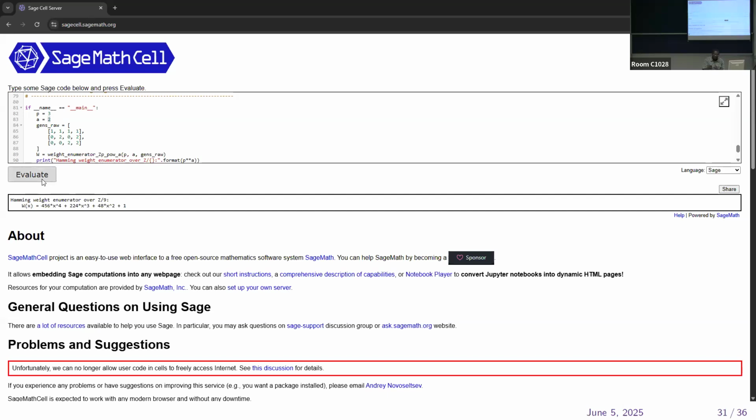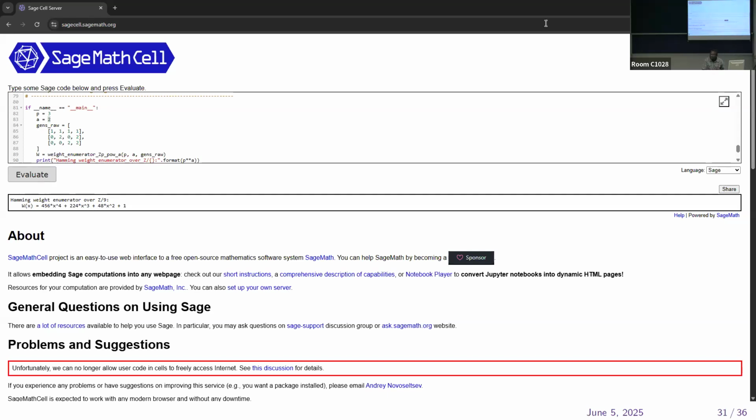This is the Hamming enumerator for linear code over Z9 with the generator matrix here.